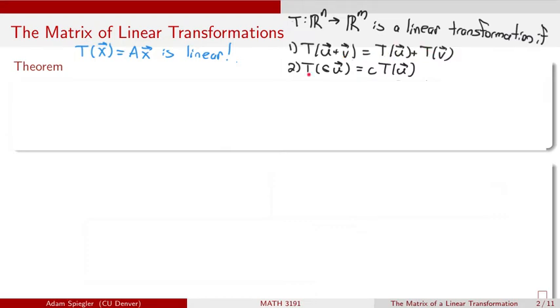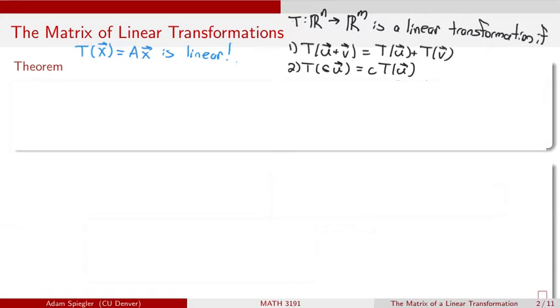And secondly, when I apply this transformation to some scalar c times the vector u, that scalar can be pulled out from the transformation, and that equals the scalar c times whatever the image of u is. So we can break up addition and we can pull out scalar multiplication from this linear transformation.